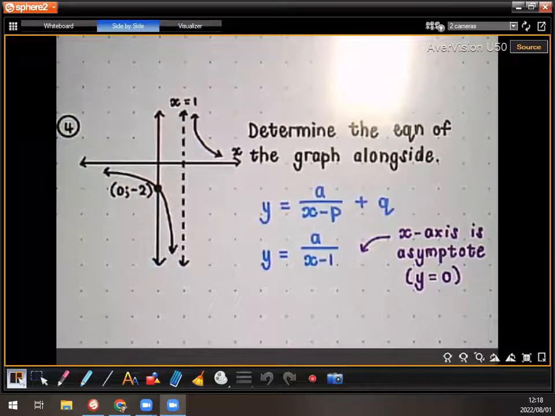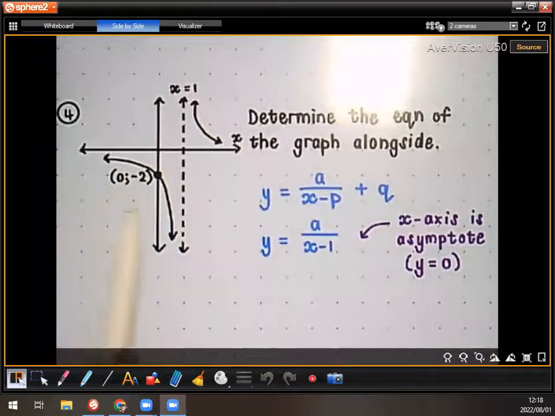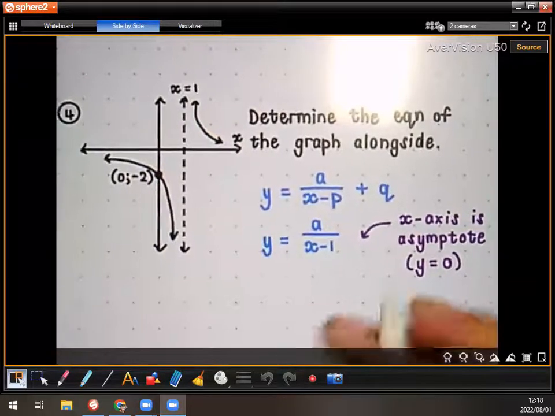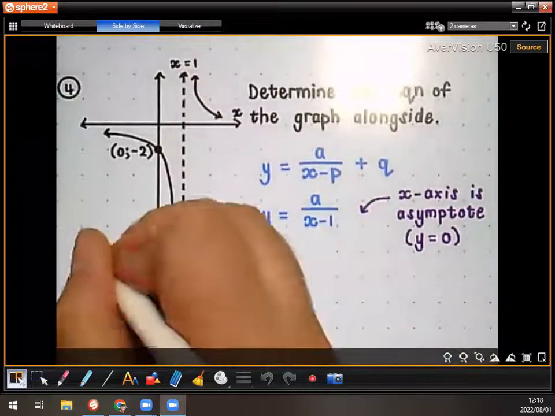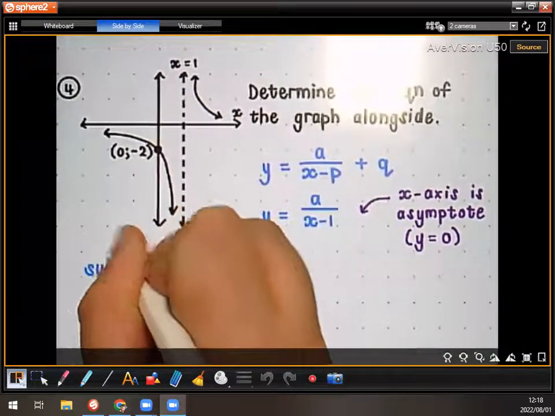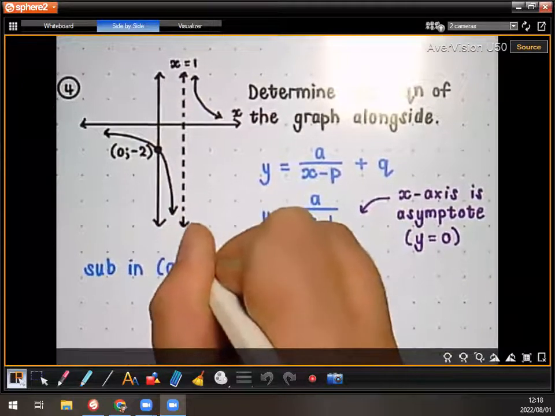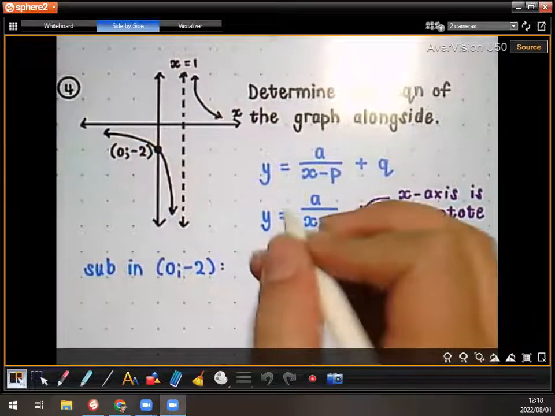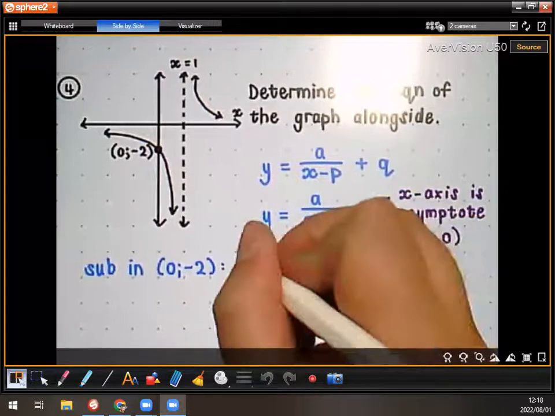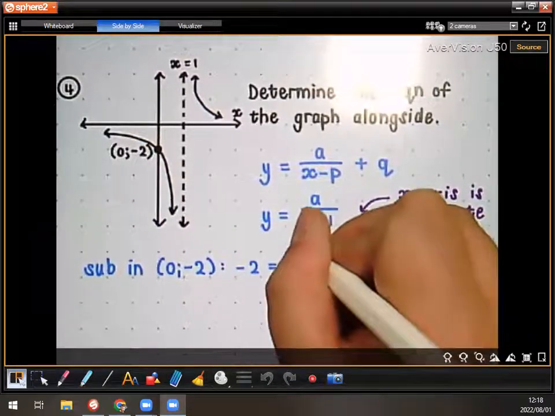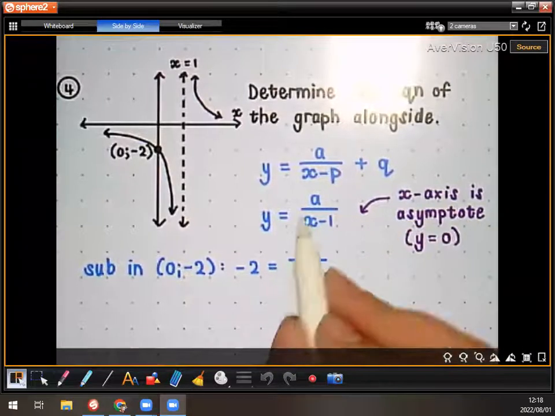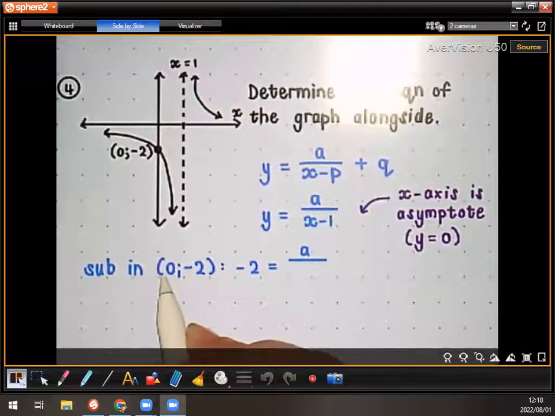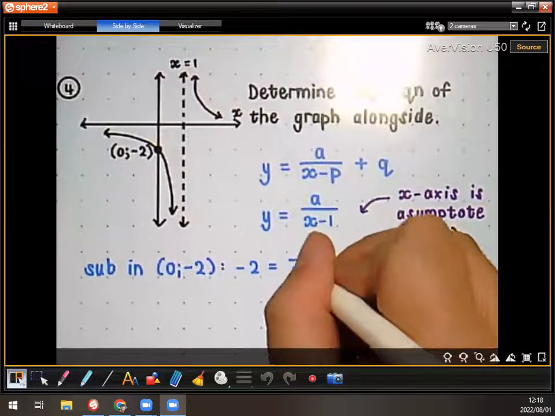Okay, how can I find a? What do you think? Use that other point that they gave us, which was (0, negative 2). You see we're doing the same thing every time. So now we're going to sub in (0, negative 2). So y is now the y value of this point, which is negative 2, and that is equal to a over x minus 1, which now becomes 0 minus 1 because my x value is 0.